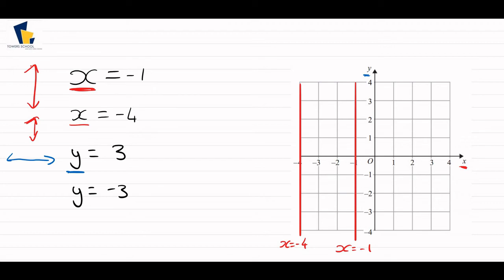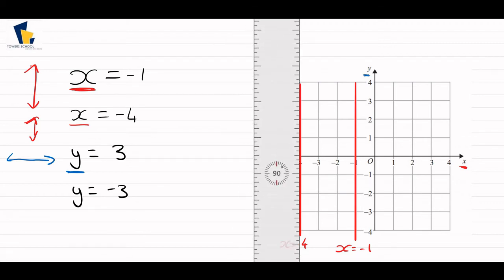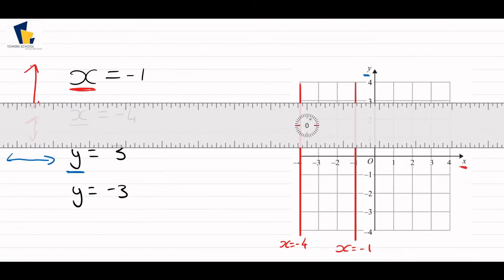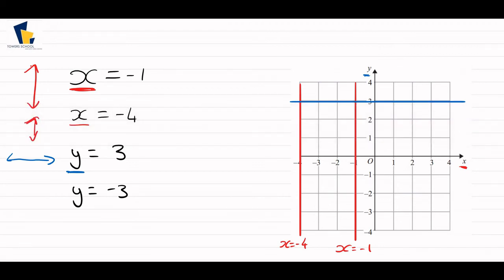Okay, so I'm going to get the ruler, and all we're going to have to do is put this on the y-axis at the number 3, and then we're just going to draw a straight line all the way through it.